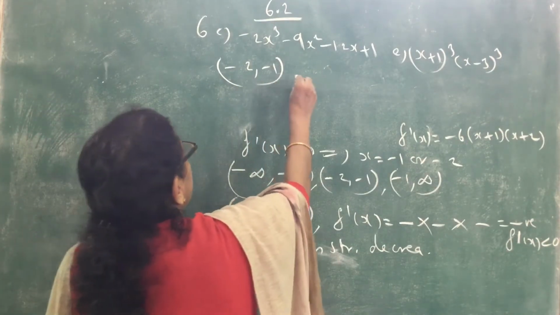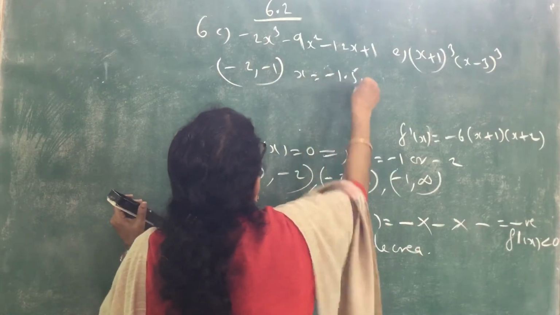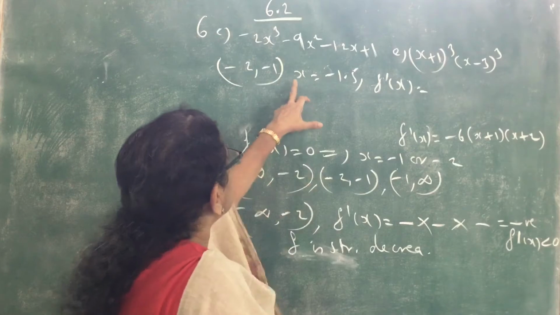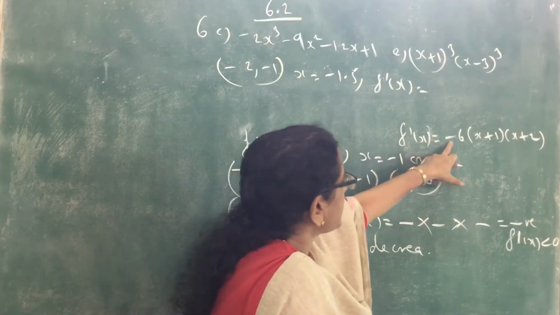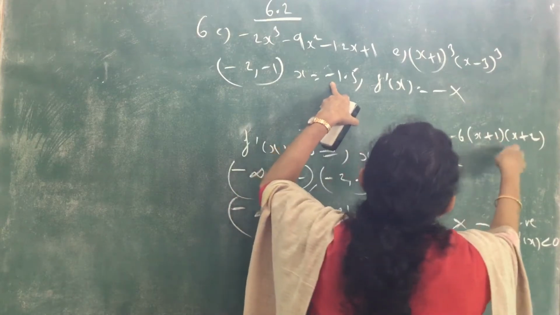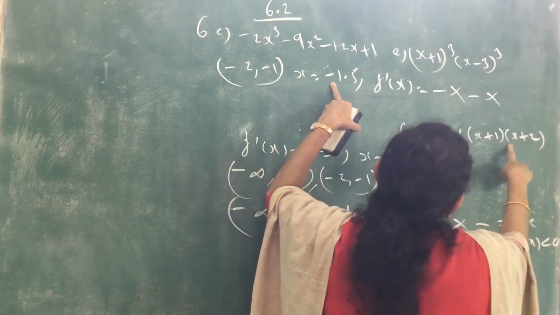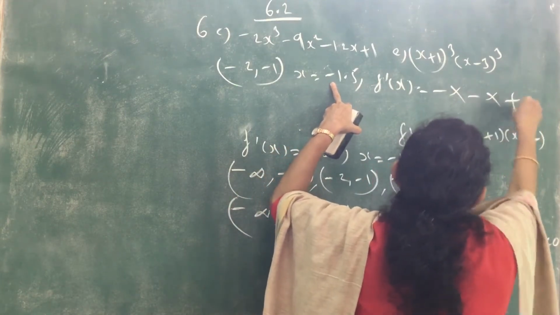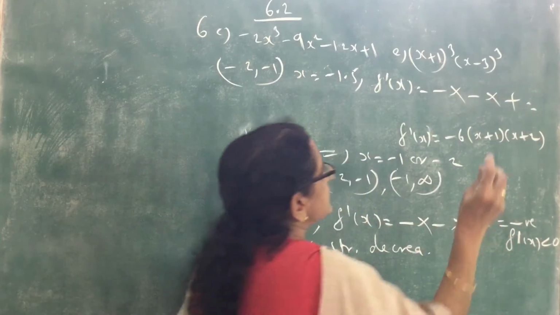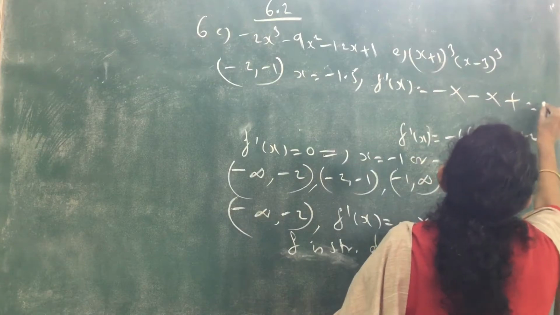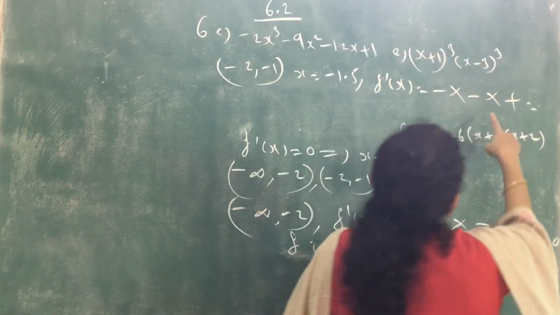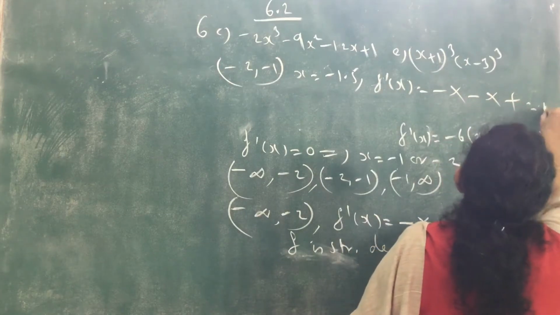When we put x equal to negative 1.5, what is f dash x? Negative 6 is negative. Then negative 1.5 plus 1 is negative, and negative 1.5 plus 2 is positive. So negative into negative is positive, positive into positive is positive.